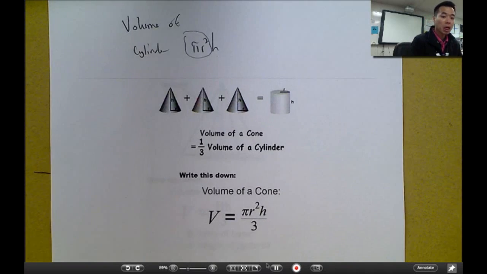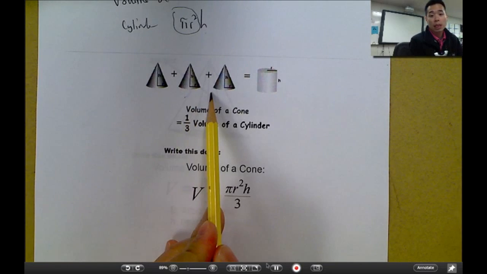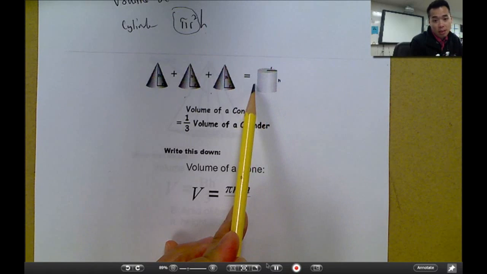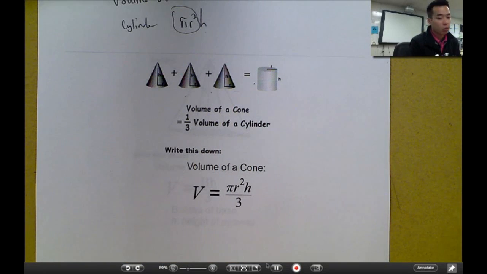The cool thing about a cone that I'm going to demonstrate later in class is that if a cone and a cylinder have the same base or the same radius, then actually 3 cones can fit within one cylinder. It's pretty cool how it works.